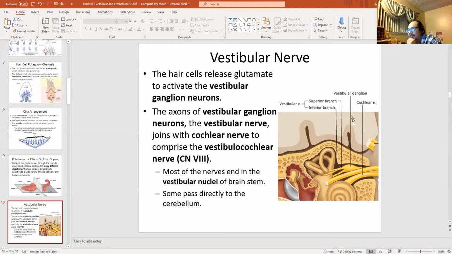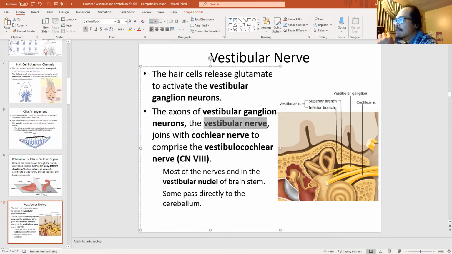This vestibular ganglion neuron will receive the neurotransmitter from the hair cell, get excited, and transmit the action potential to the brain. This vestibular ganglion neuron sends out the vestibular nerve. This vestibular nerve will then merge with the cochlear nerve.